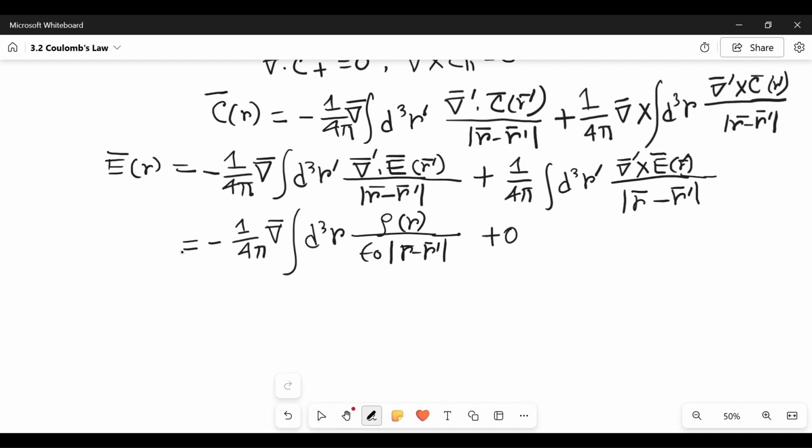So we substituted the divergence of E and curl of E. So divergence of E is equal to rho by epsilon naught and curl of E equal to 0. So finally it turns out this term.